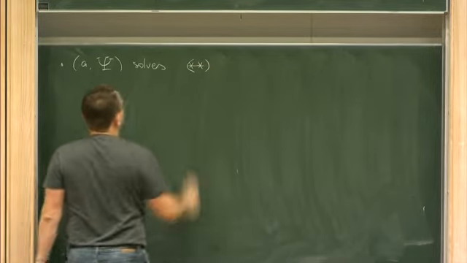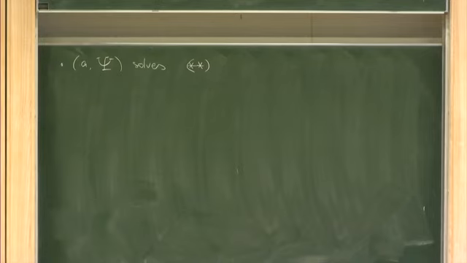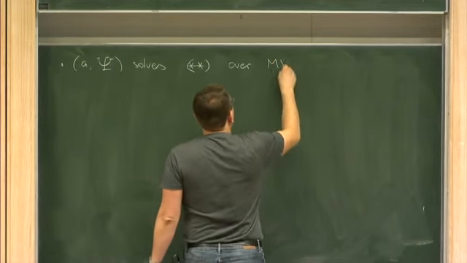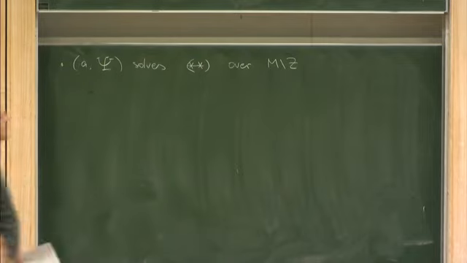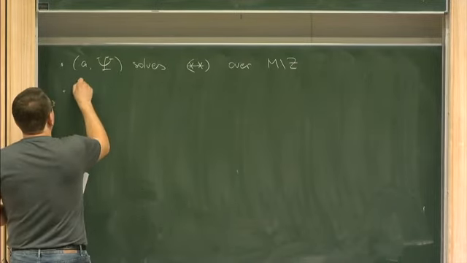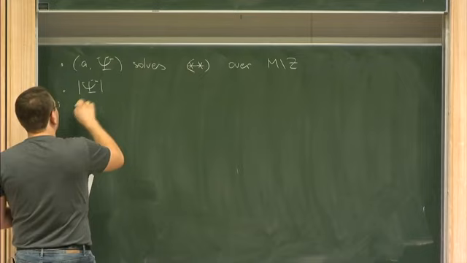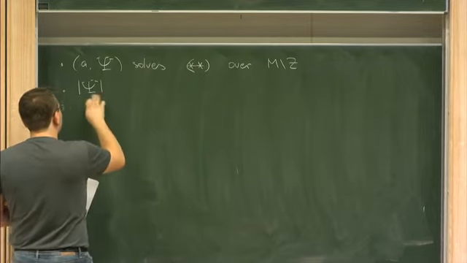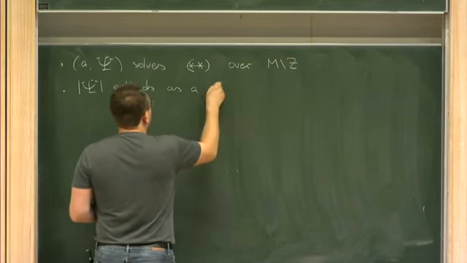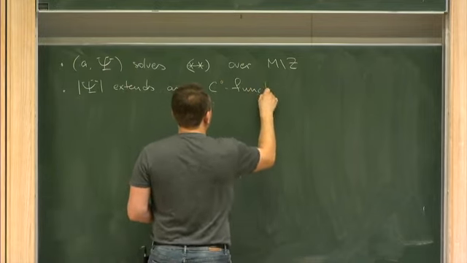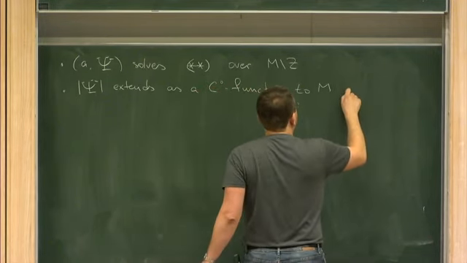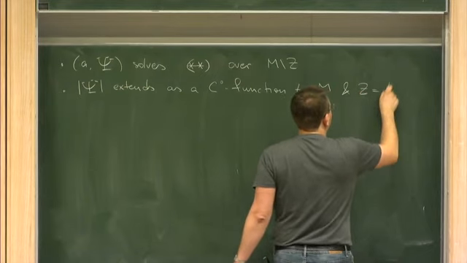This is precisely what we expect to have, except that the solution is over the complement of this subset Z. Now, the pointwise norm of psi extends as a continuous function to all of M, and Z is the zero locus of this function.